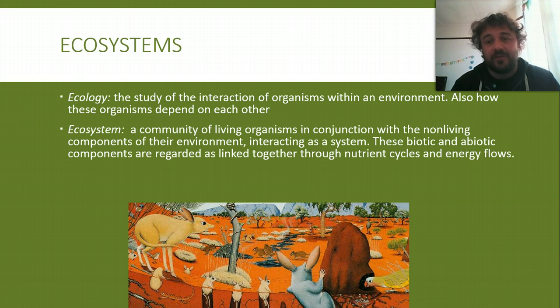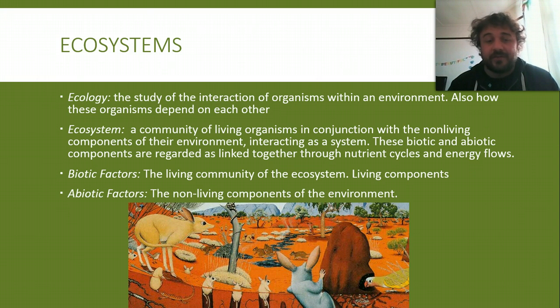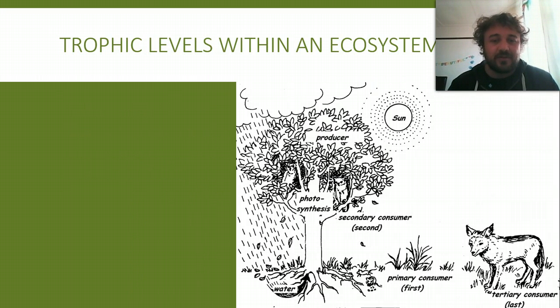This means never was alive. So they're linked together through nutrient cycles, energy flows, and so forth. Again, biotic factors are the living components of the community, and the non-living components are the abiotic. Now, it's really important that you say abiotic and biotic, and you make sure you put a clear space there so you don't get confused when you're talking.